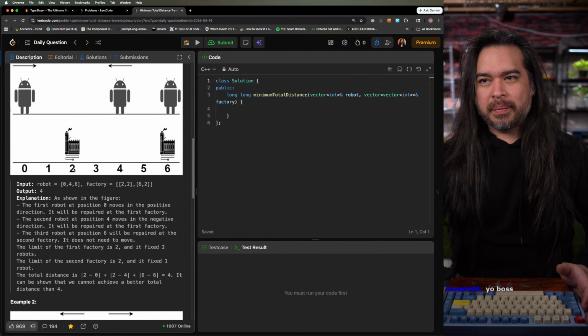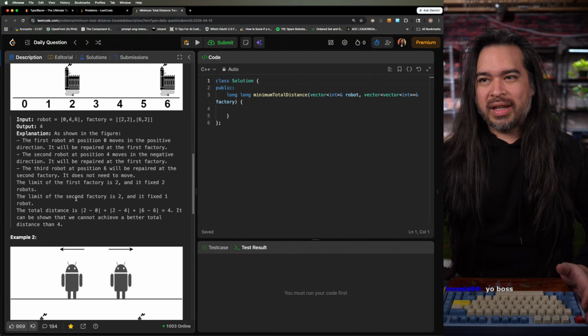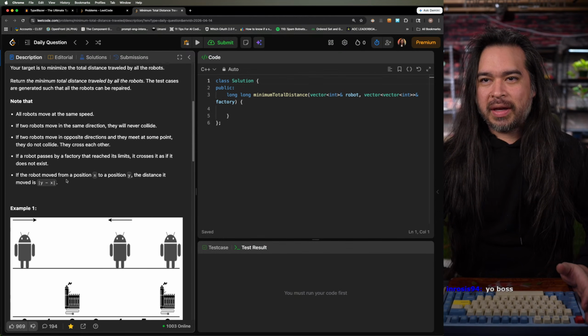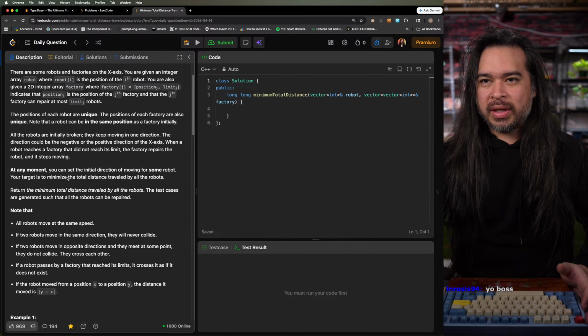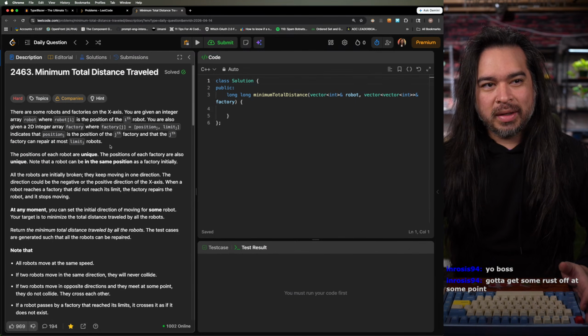Or what? Wait, the limits? Wait, what's the limit of a factory? A factory can only repair a certain number of robots or something? Oh yeah, limit robots. Okay.